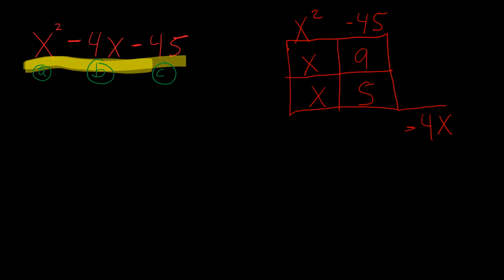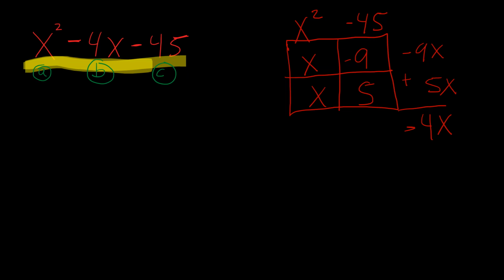When we multiply across, we get x times negative 9, which is negative 9x, and then x times 5, which is positive 5x. Because negative 9x plus 5x gives us negative 4x, I know that this is my solution.